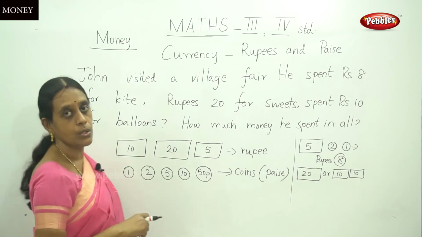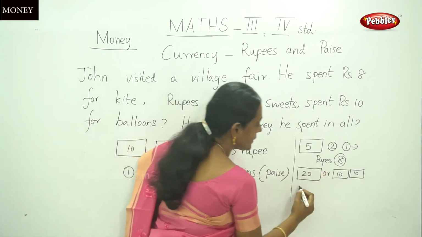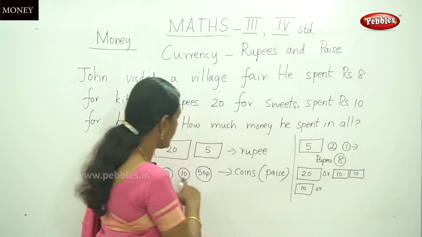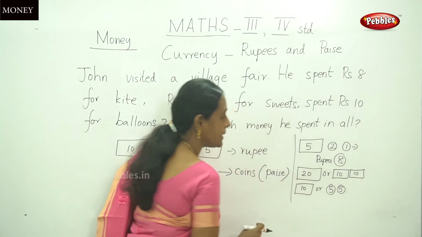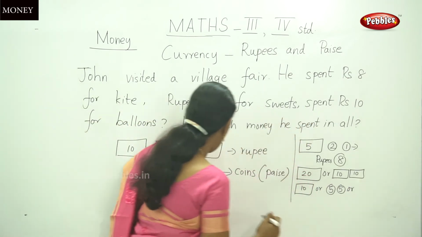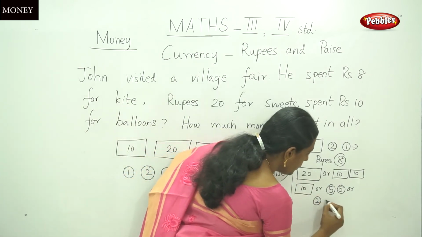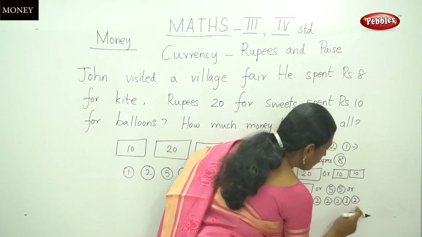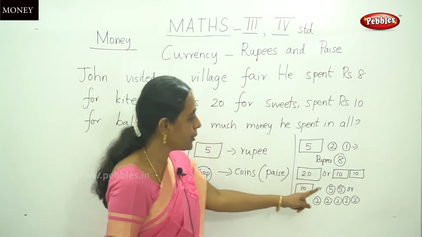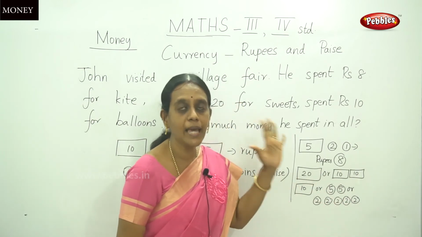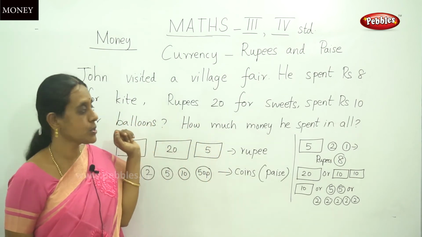Then he spent rupees 10 for balloons. He gave the balloon shopkeeper a 10 rupee note, or 2 five rupee coins, since 5 plus 5 is 10, or 5 two rupee coins, which also make 10.